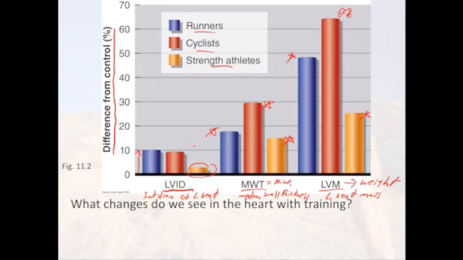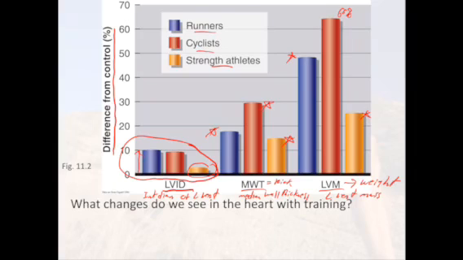Okay, the difference down here with the left ventricular internal diameter is explained by the fact that the stimulus for increasing the strength of the heart with weightlifting or strength athletes, all the stimulus is just high blood pressure that the heart has to push against. It's not that weightlifting requires a great cardiac output, so we don't actually need to get more blood out in response to that, not very much at least, but we need to push blood out against a lot higher blood pressure, a lot higher afterload, right?